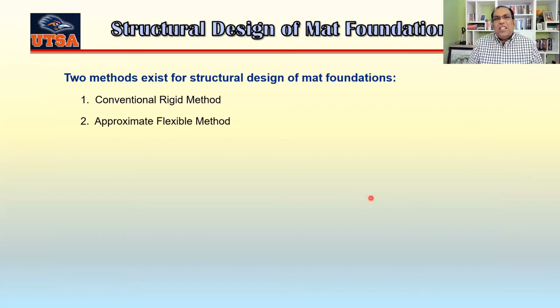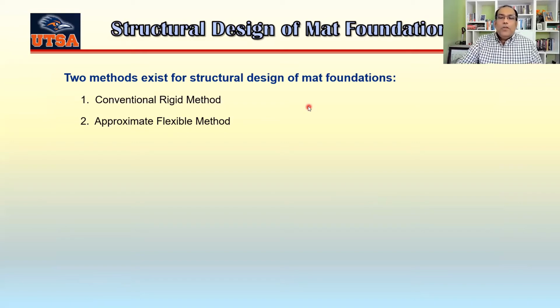If it is an L shape or a different shape, it might be a little bit difficult to follow the conventional method. These days we use a lot of software to design that kind of structure, but you can do it by hand. So we are going to discuss the conventional rigid method today. We are not going to discuss the flexible method because that would be too difficult to do by hand.